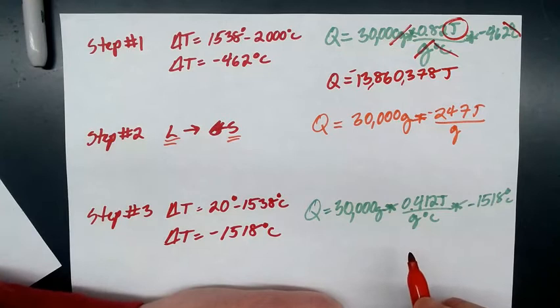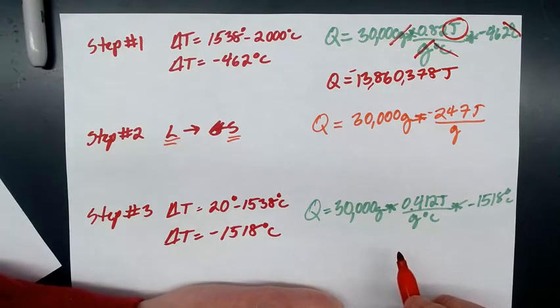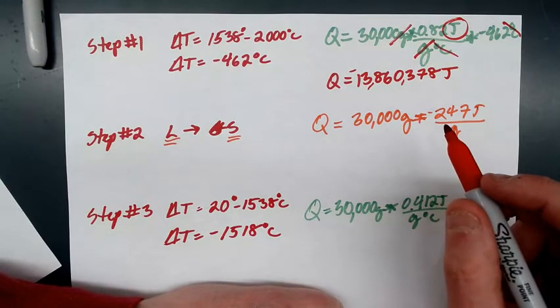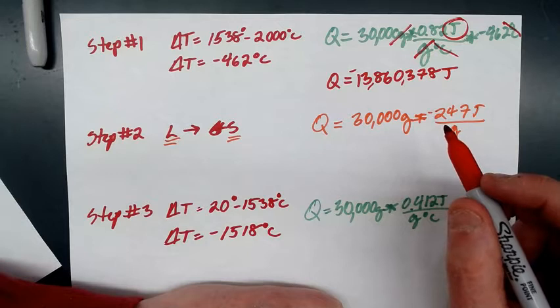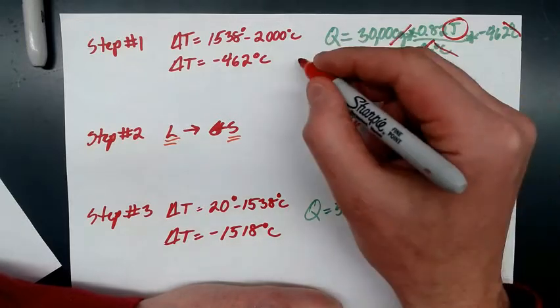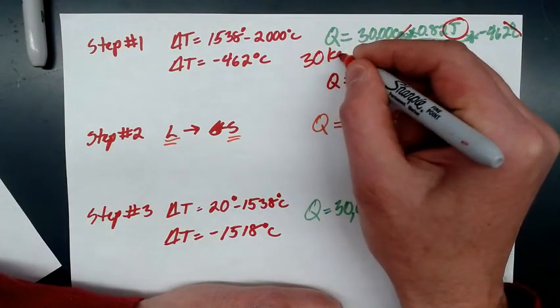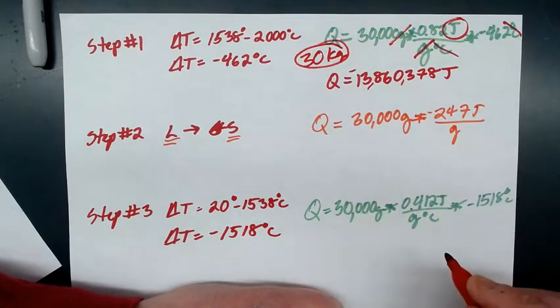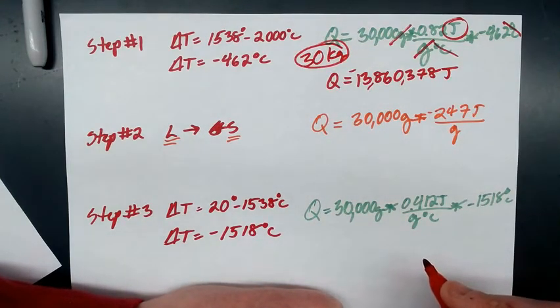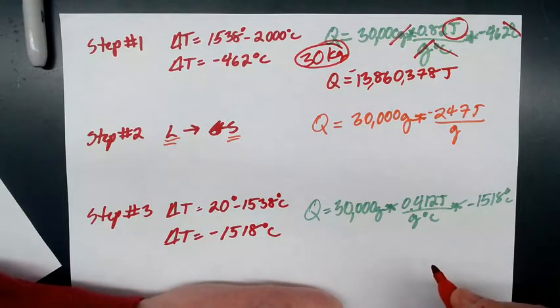So I'm really going to pick 2 digits, and the reason why is because I was given 30 kilograms, and there are 2 digits in that 30 kilograms. You could also go with the change in temperature of negative 462.